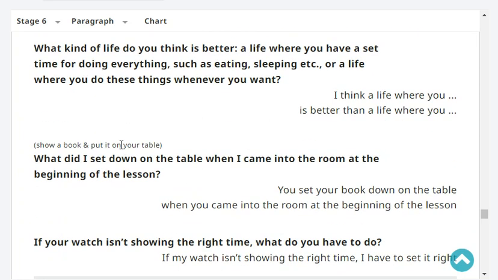What kind of life do you think is better? A life where you have a set time for doing everything, such as eating, sleeping, etc., or a life where you do these things whenever you want?